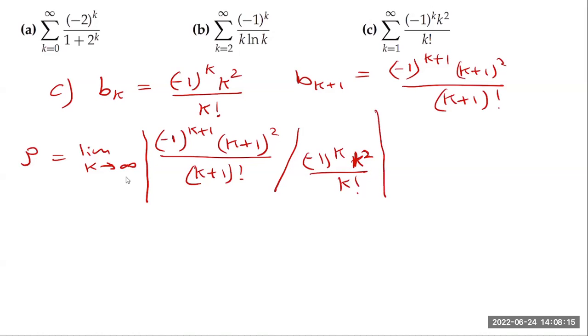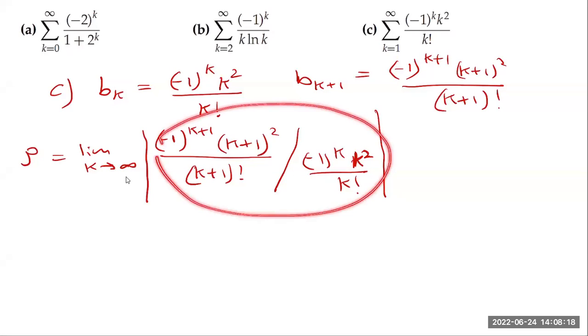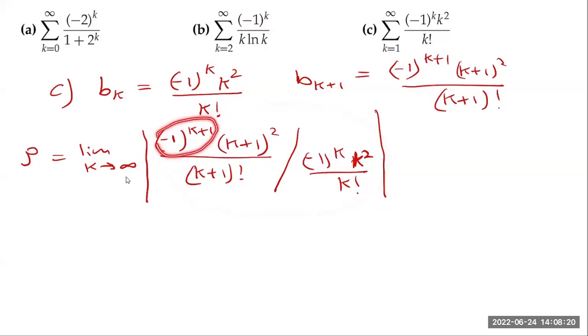Okay, you need to simplify this. Now you need to do some algebra, and of course you can get rid of these minus 1 powers because we are taking the absolute value. The absolute value will kill all those minus 1 powers and make it positive.